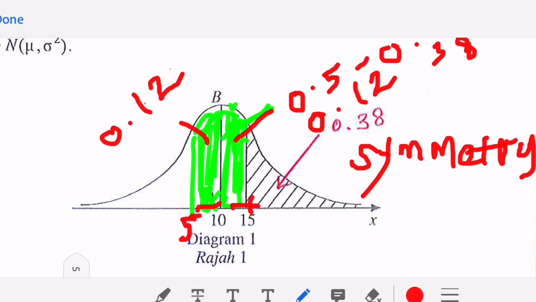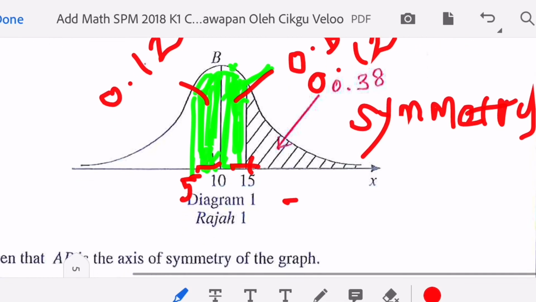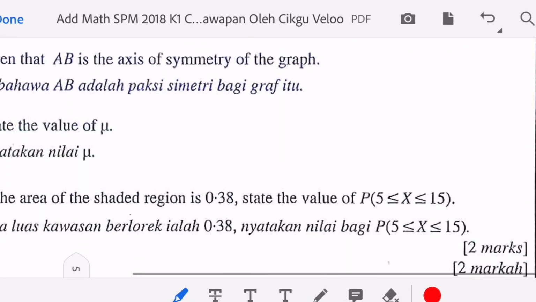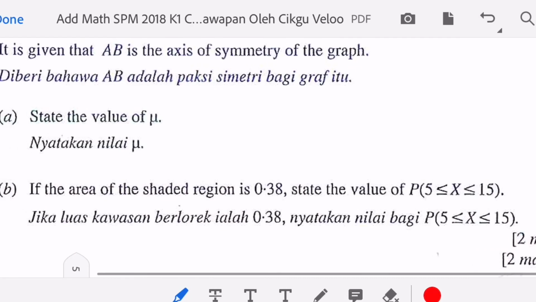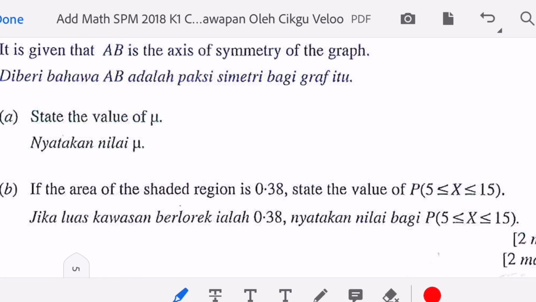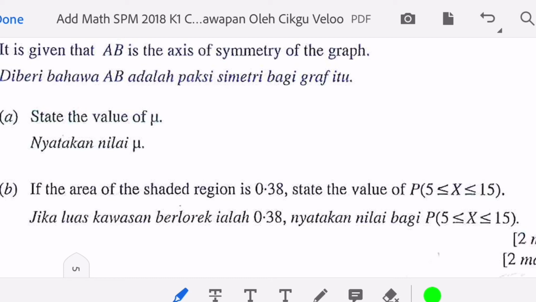Okay, I go a bit slow because this topic is totally new to you. If you really cannot do it, just go through the question many times through my video teaching. Make sure you get used to terms like axis of symmetry, mu, probability for x, and probability equal to the area of the shaded region.